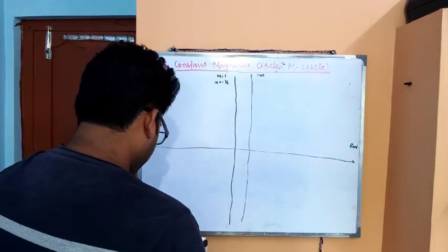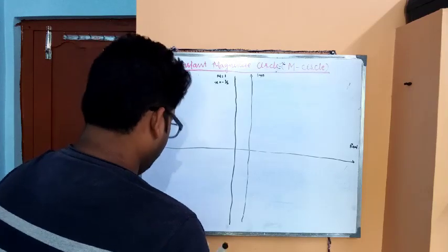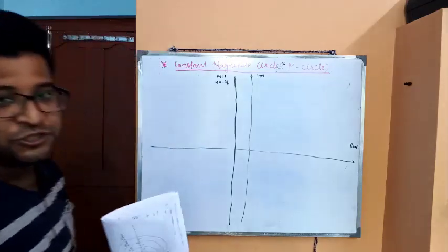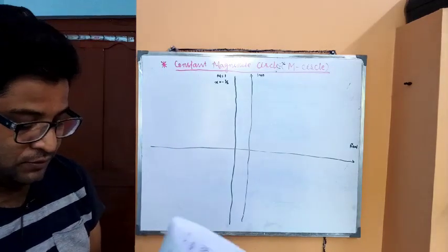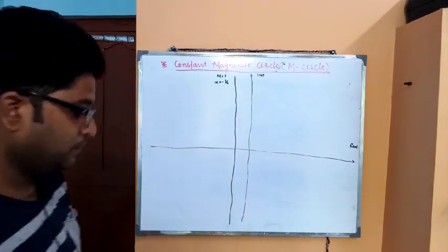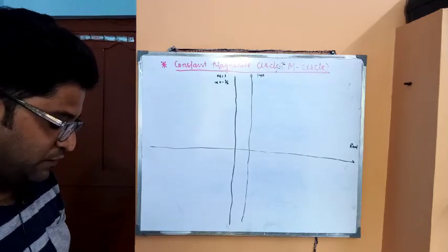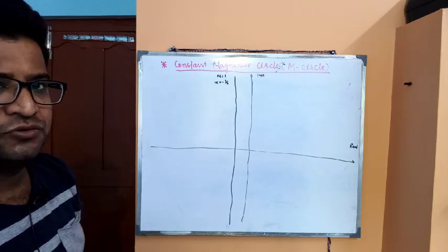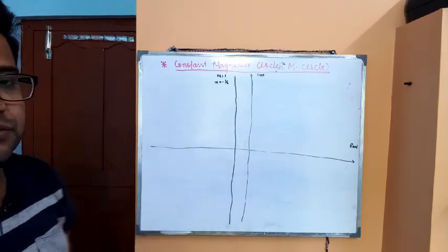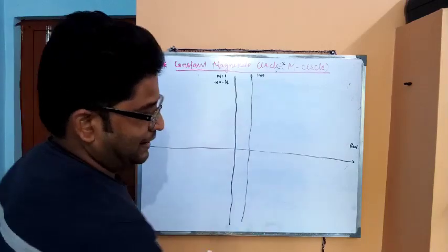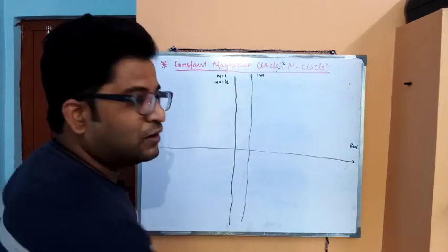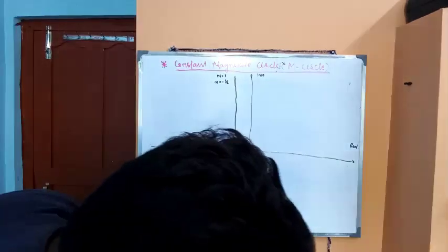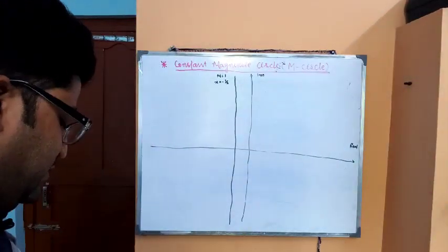Now how will the constant M circle look? If we go through the table, up to the first 5 values we have positive values, and the rest of the 5 values are negative, for the circle center as well as for the radius. This means for the first 5 values the circles will be on the right hand side, and for the next 5 values the circles will be on the left hand side. So I am drawing the M circle.